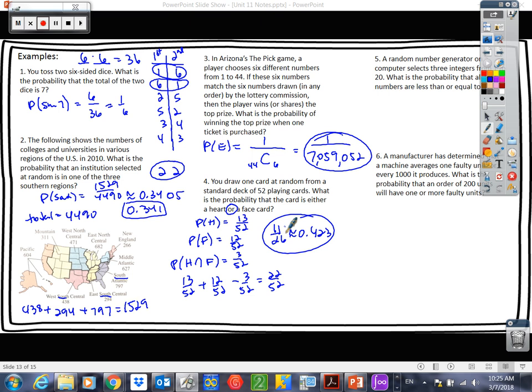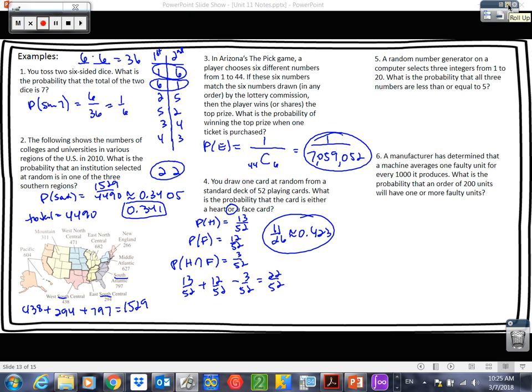Let's look at number 5. A random number generator on a computer selects 3 integers from 1 to 20. What is the probability that all 3 numbers are less than or equal to 5? Okay, so let's think about that for a second. We get to choose any number between 1 and 20, and we want our numbers to be less than or equal to 5.